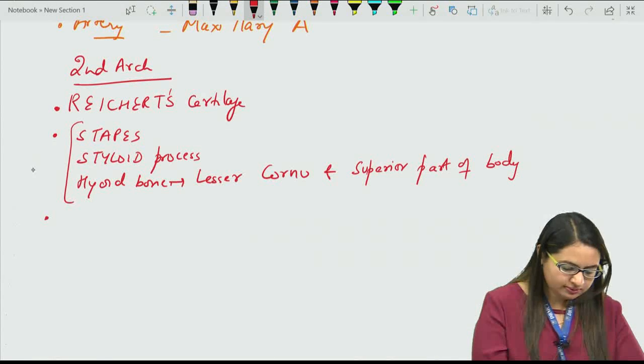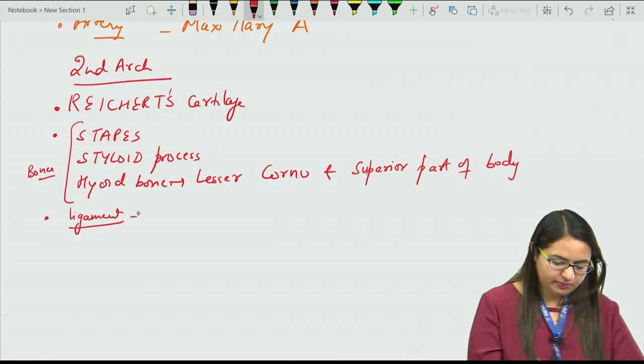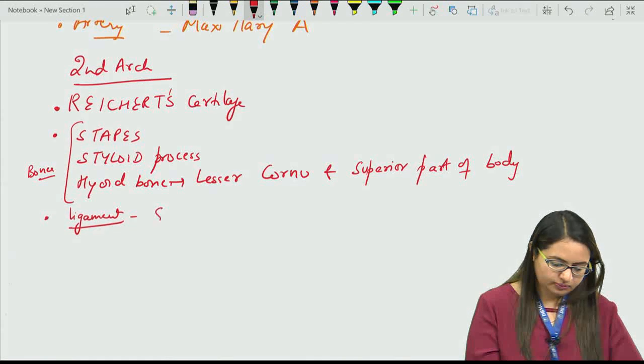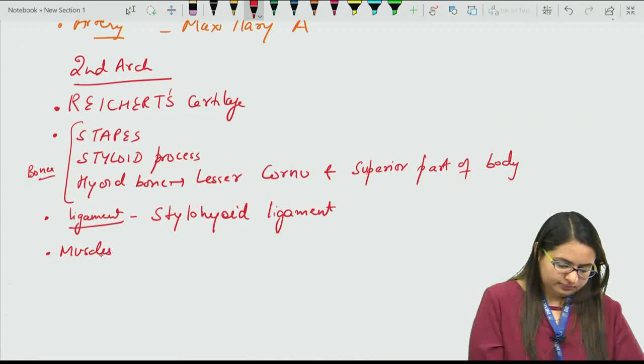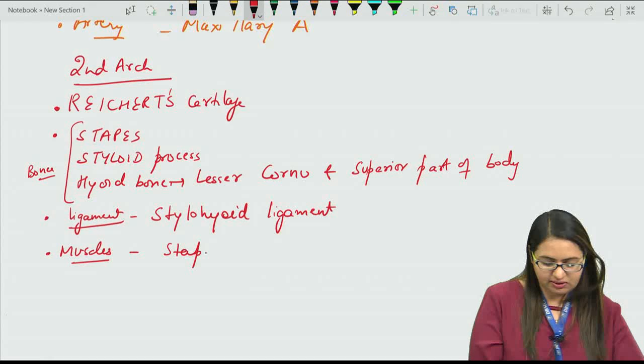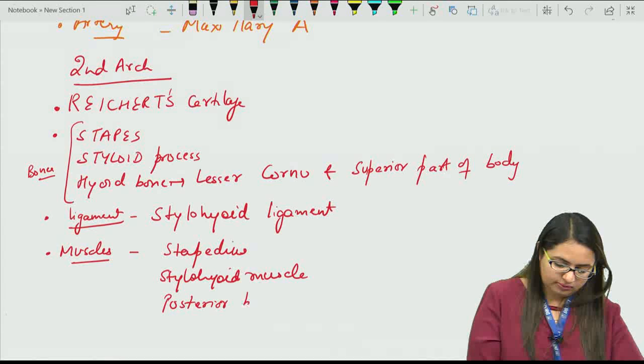And if we talk about the ligament, the ligament which is formed is the stylohyoid ligament. The muscles which are formed are the stapedius muscle, then we have stylohyoid muscle, then there is posterior belly of digastric, and all the facial muscles.